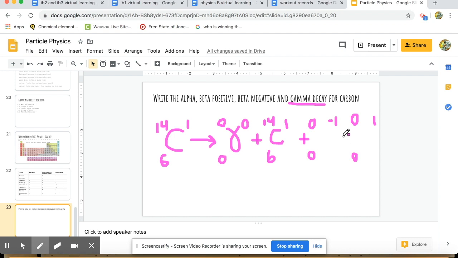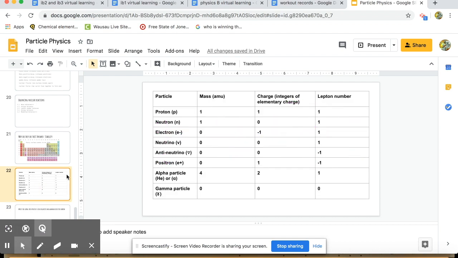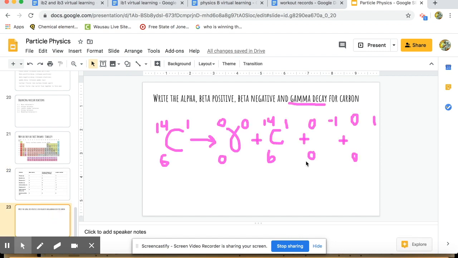What would these particles be? Well, 0, 0, -1, that's an antineutrino. 0, 0, +1 is a neutrino. So maybe I could put in here an antineutrino and a neutrino.